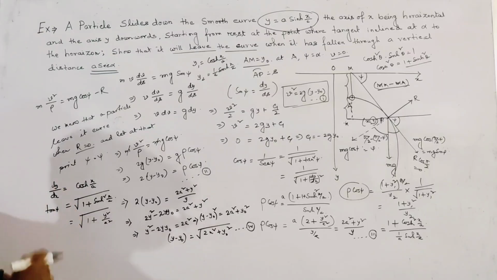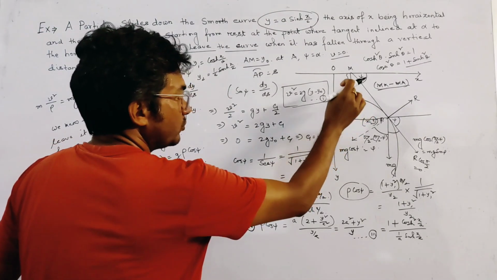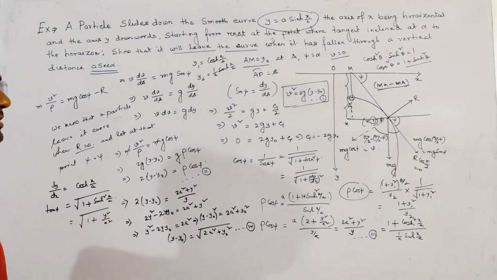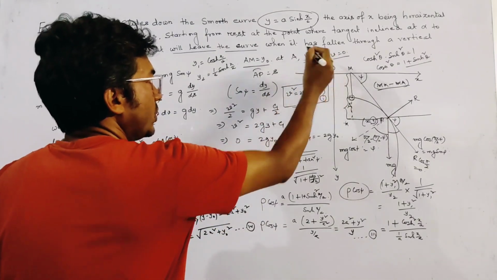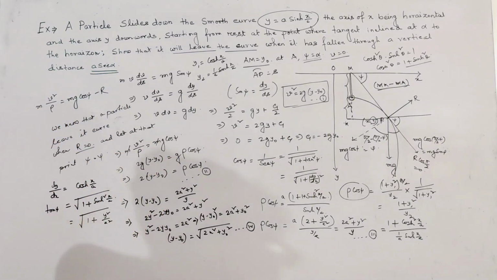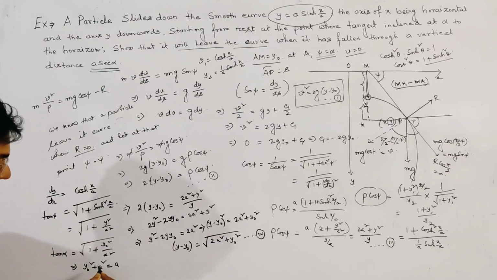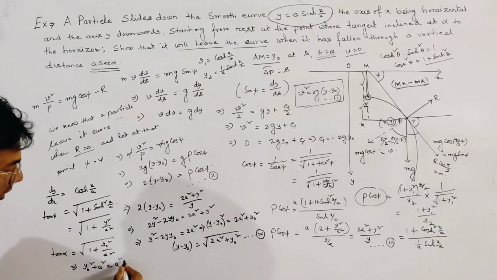At the initial position where the particle is at A, from which the particle slides, psi is equal to alpha and y is equal to y0, right? And in this case we get tan alpha equal to root under (y0 square by a square minus 1). So we get y0 square minus a square equal to a square tan square alpha.